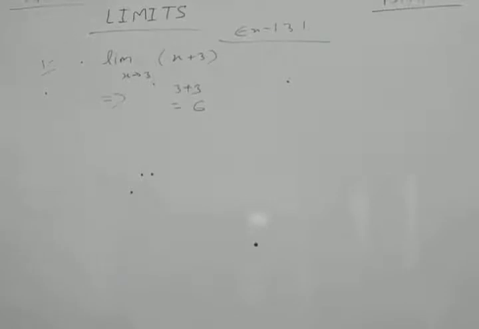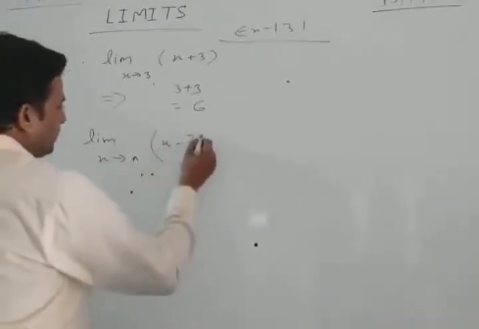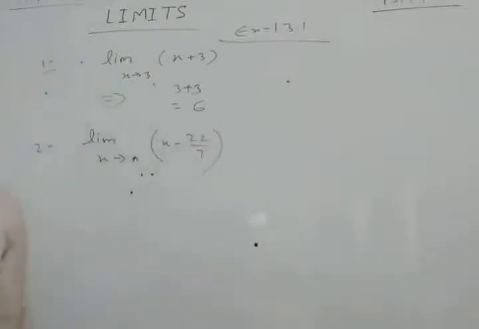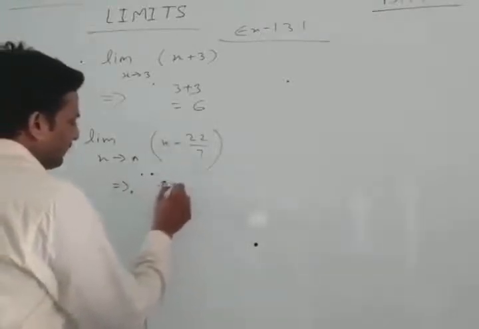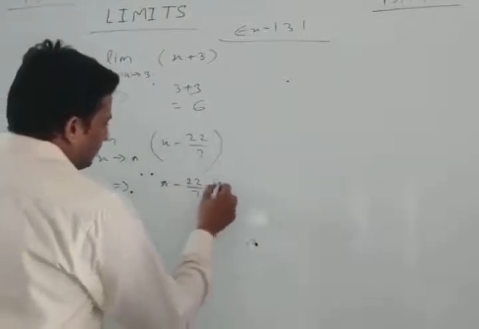Now see the second question. What is this? Limit x tends to pi of x minus 22 by 7. How we will solve it? So we directly use the value: pi minus 22 by 7.